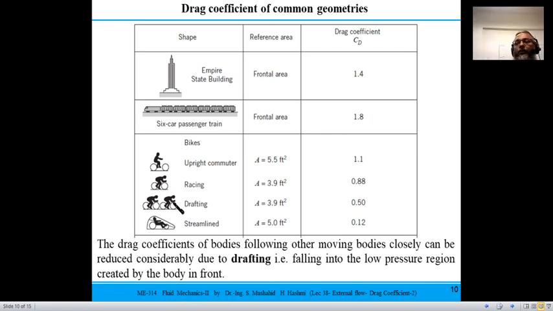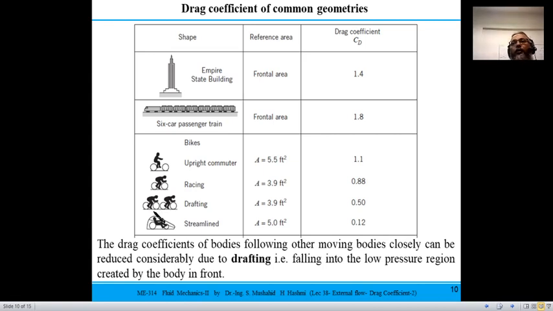So once you are moving in such a manner that you are following the object in front of you, the drag has been reduced by the cyclist in front, so lesser drag would be experienced by the cyclist who is following. This effect is called drafting, and on vehicles on the highway also, you can reduce your drag by drafting.